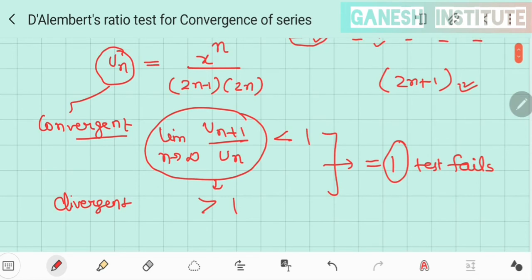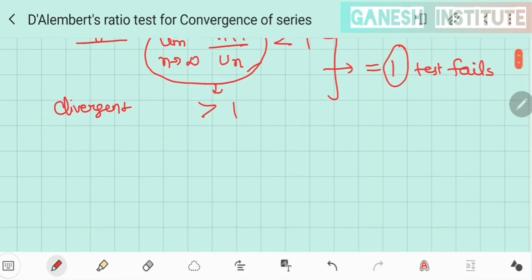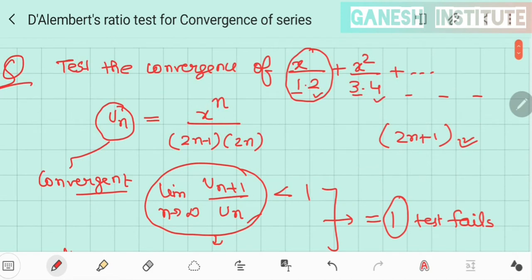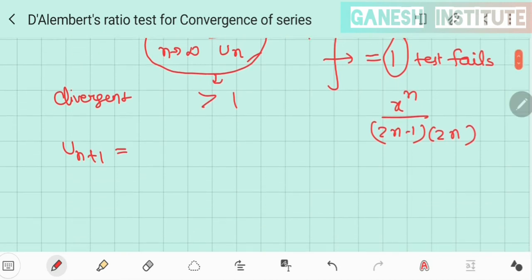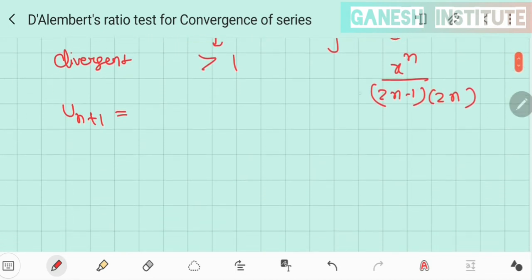Okay, so let's find out. We have got un. Now we need to find un plus 1. So un is x raised to power n over 2n minus 1 times 2n. Now for un plus 1, in place of n you need to put n plus 1.